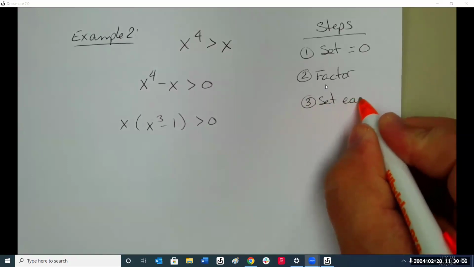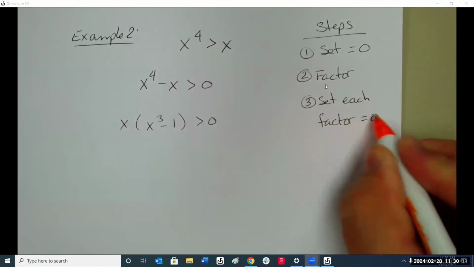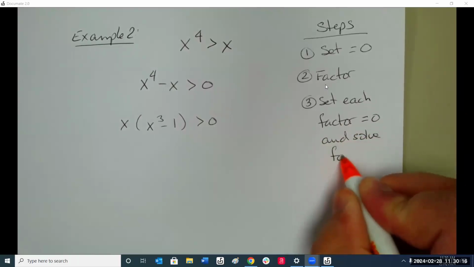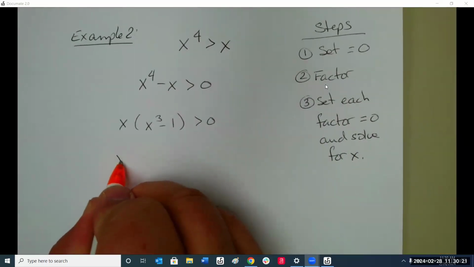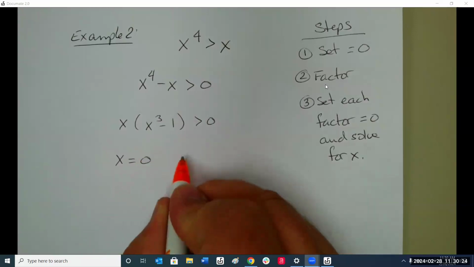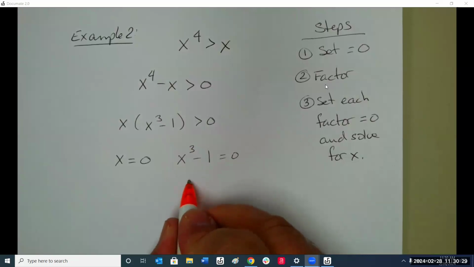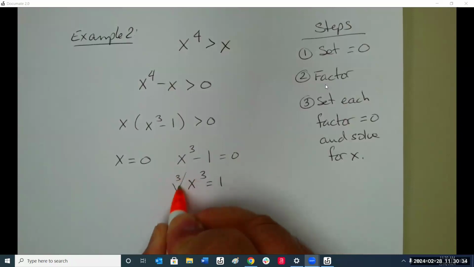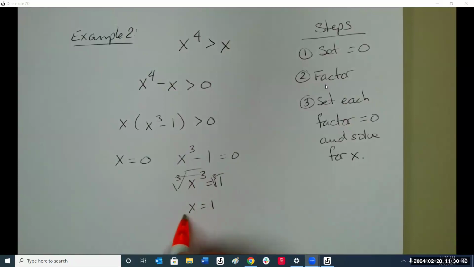Set each factor equal to 0 and solve for x. So x equals 0, x cubed minus 1 equals 0. So x equals 1 and x equals 0.